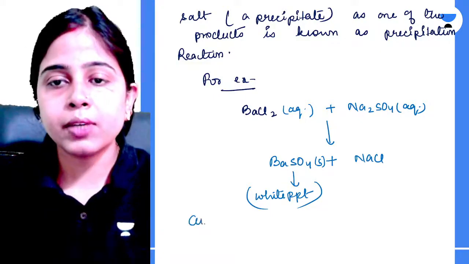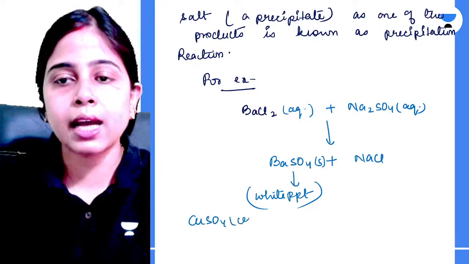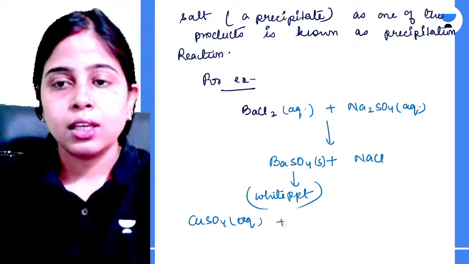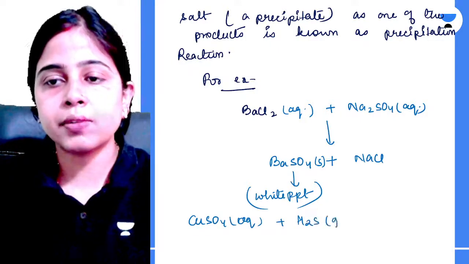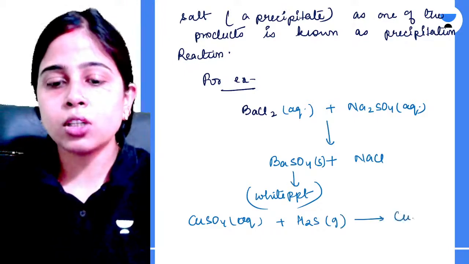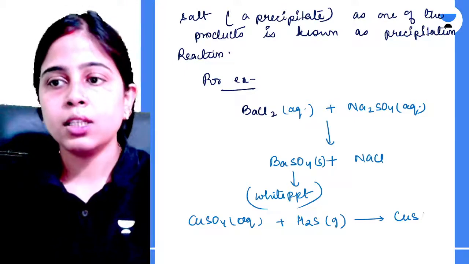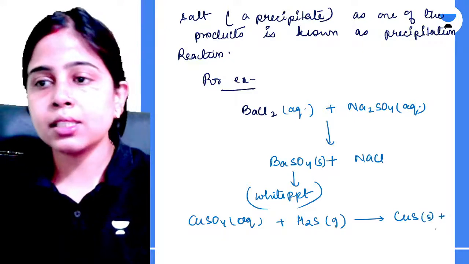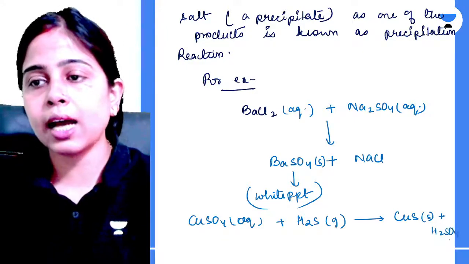Next example that we can have is copper sulfate in aqueous solution reacting with hydrogen sulfide gas. What happens? Copper sulfide is formed, that is a solid substance, and H2SO4 is formed in the aqueous solution.